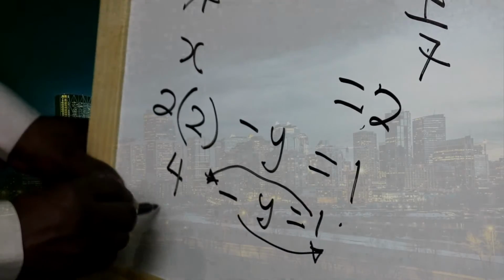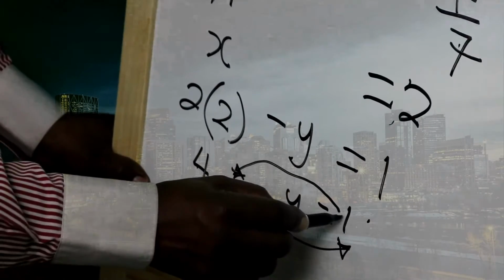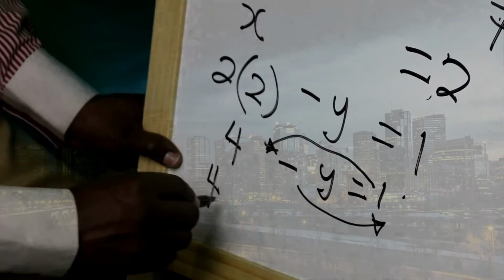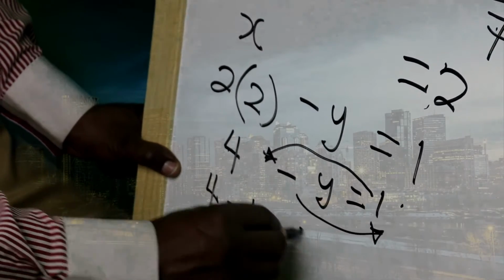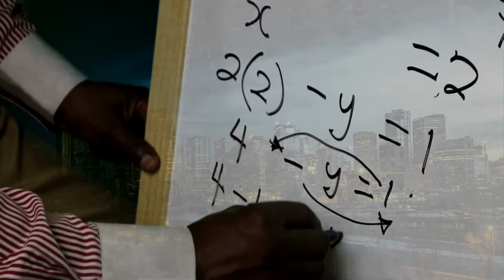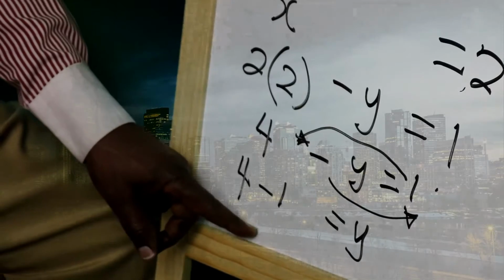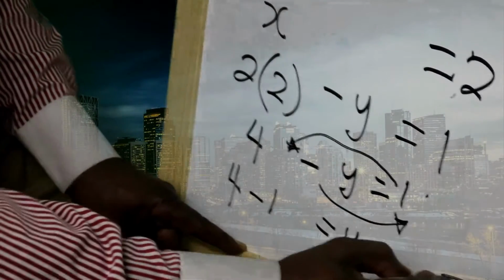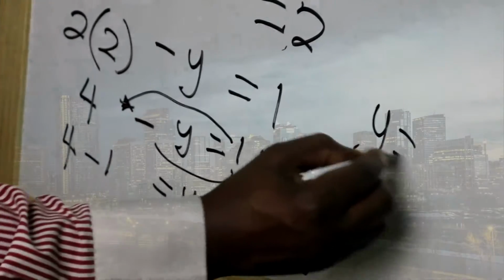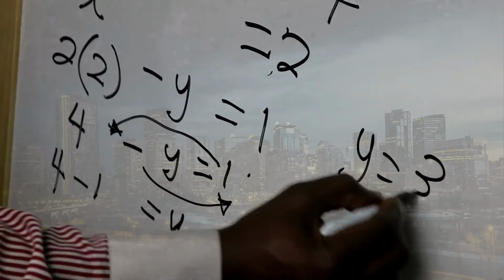When we do that, we're going to have 4. This is positive. When we bring it down, it becomes negative. Minus 1 equals, this is negative. When it moves over, it becomes positive. It becomes y. Therefore, we see that from here, we get y is now equal to 3.